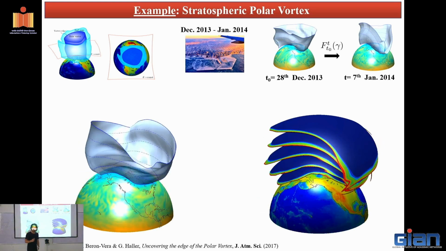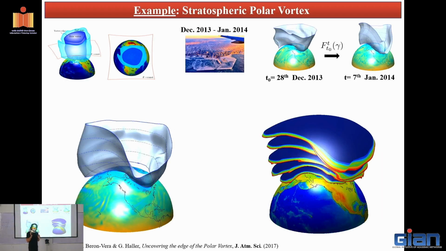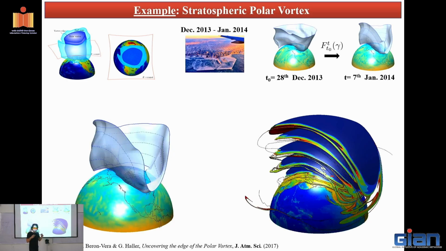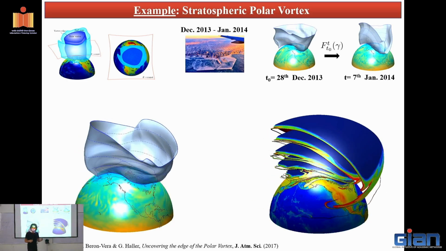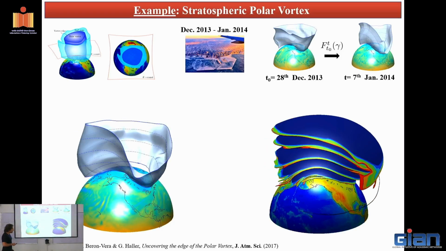So this is really telling you that from a general time-dependent velocity field, you can extract the outermost boundaries of exceptionally coherent regions. This is a way you can identify coherent regions in your phase space.